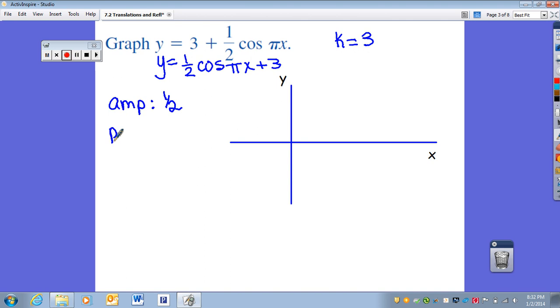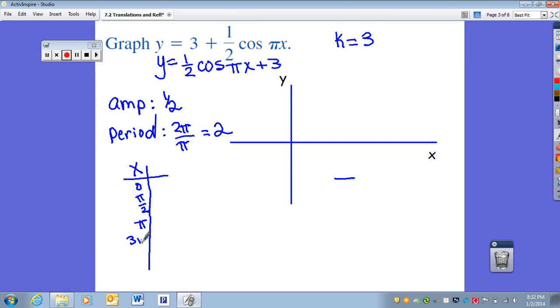Our period, if you recall, is going to be 2 pi divided by b. And our b value is actually pi. So that makes our period 2. So if we start with our function to figure out what to graph, our x values, remember we were at 0, pi over 2, pi, 3 pi over 2, and at 2 pi.